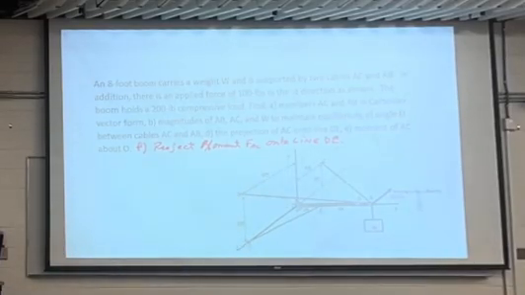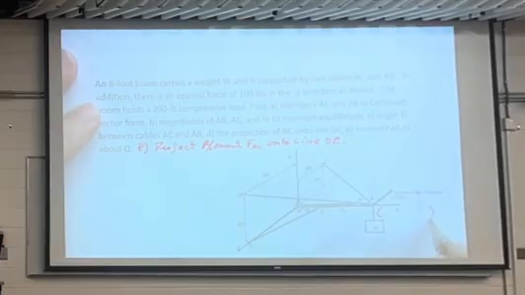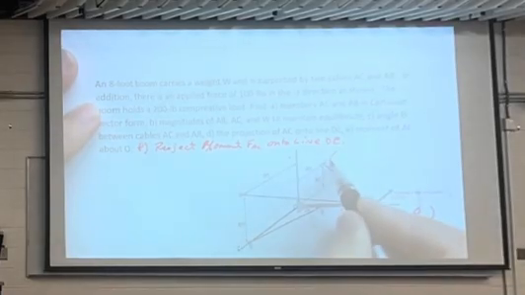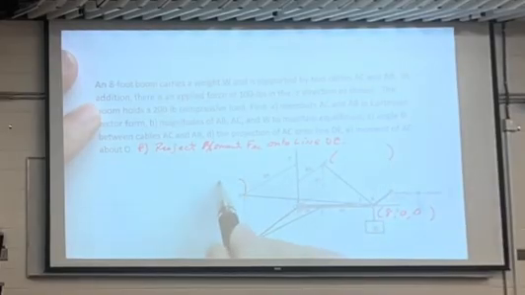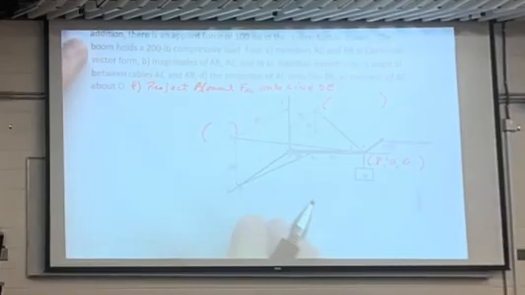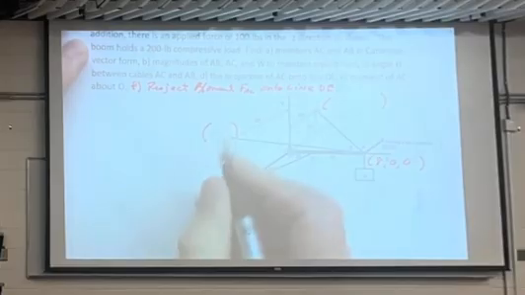Anyway, let's do this problem. So the first thing I need to do is get everything in terms of IJK. I need the coordinates of A, which is 8, 0, 0. I need the coordinates of C and the coordinates of B. C is 0, 6, 8.